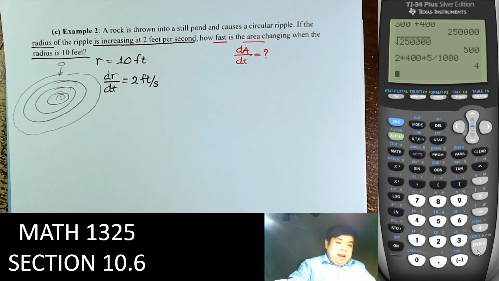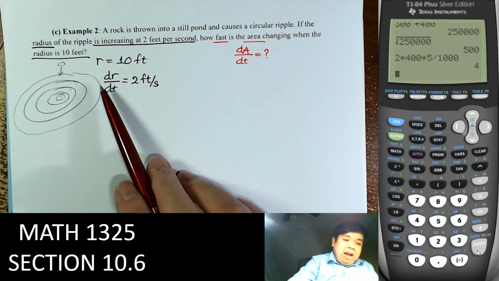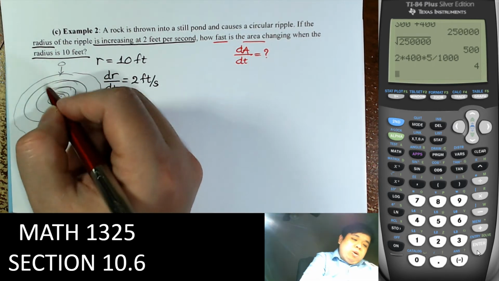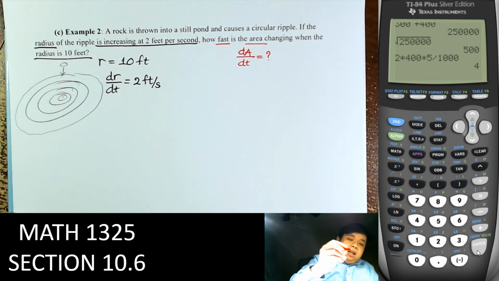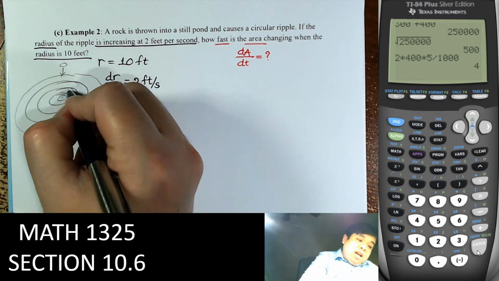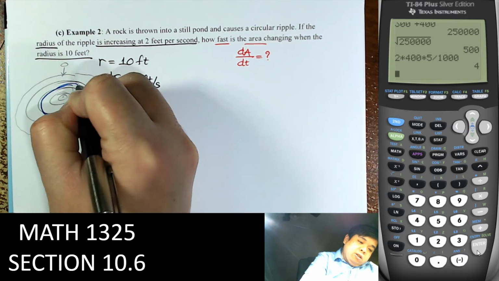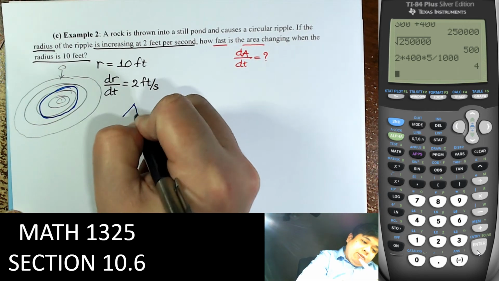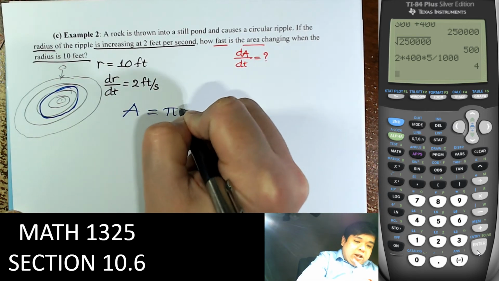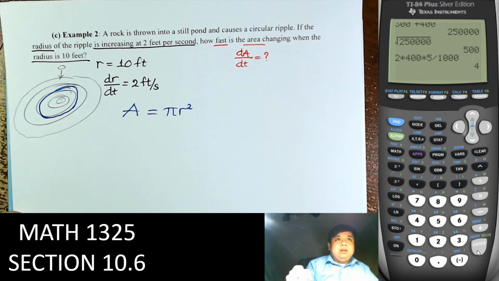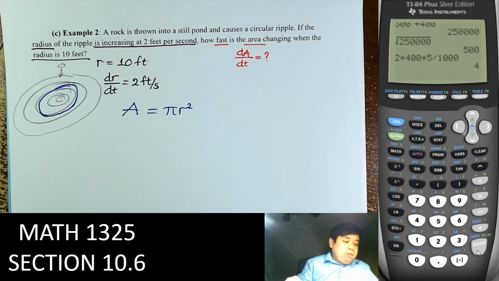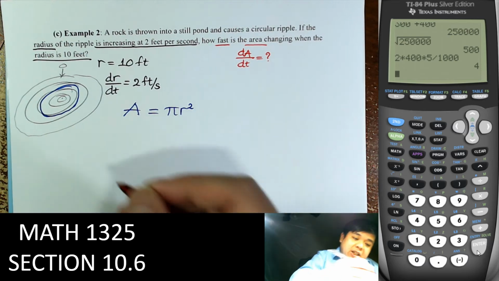Right, and then we have A and r. So what is the formula that relates the radius and the area? And that is the area of a circle. So the area of a circle, pi r square. Then we take the derivative with respect to t. Before that we say assume A and r are functions of t.